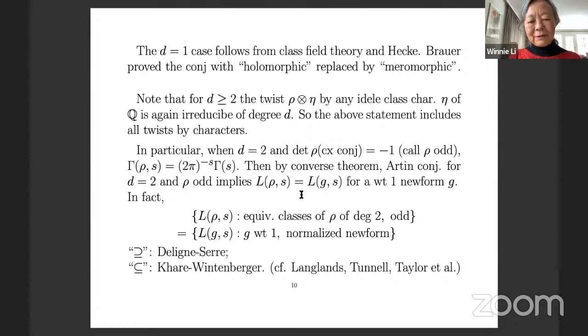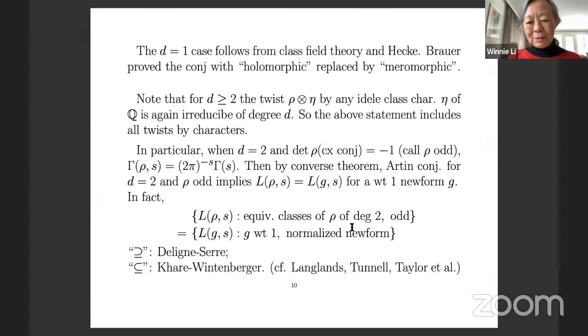If it's type A4, to prove that case, Langlands developed the so-called base change, the theory of base change, to solve that case. Then Langlands' argument was extended by Tunnell to solve the S4 case.